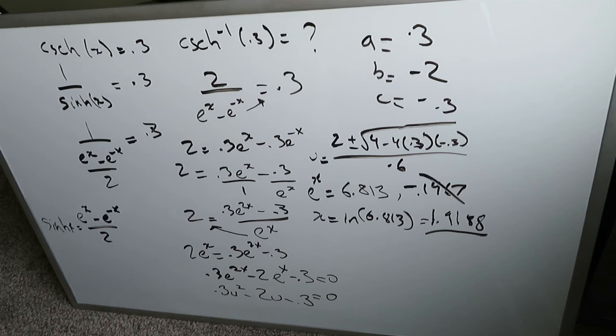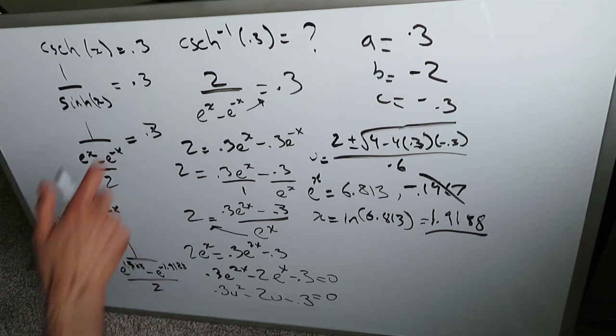We have to find the cosech x. The cosech x would equal 1 over all of this with the plugged in values, e to the power of 1.9188 minus e to the power of minus 1.9188, all divided by 2. If you mathematically solve this out by means of your calculator, you'll get 0.3.